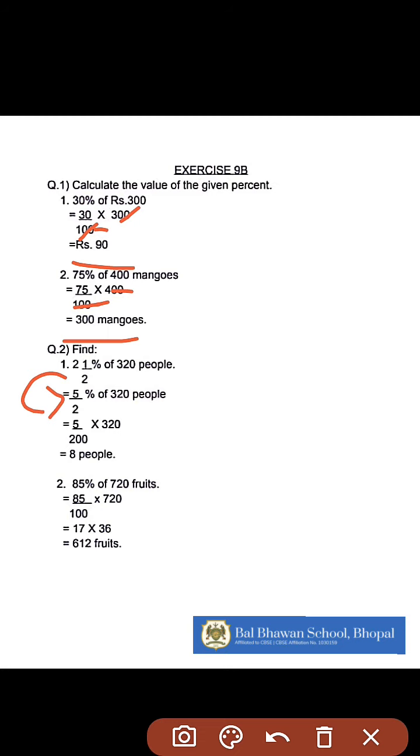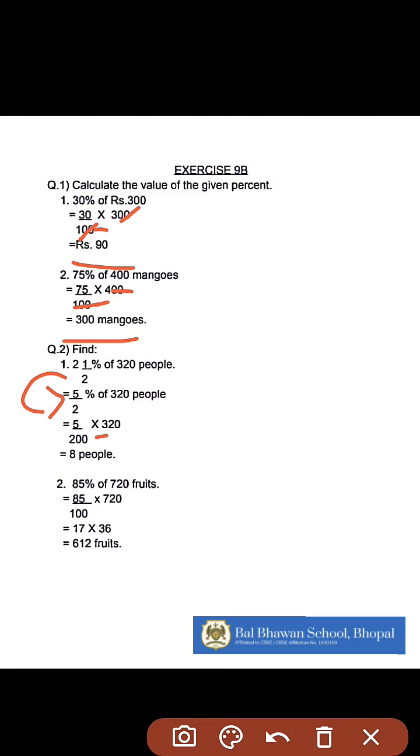So it will become 5 by 2% of 320 people. Now 5 by 2% needs to have denominator 100. So when the denominator goes in the denominator of this fraction, 2 and 100 will get multiplied. So you will get 200 in the denominator. So this will become 5 upon 200.